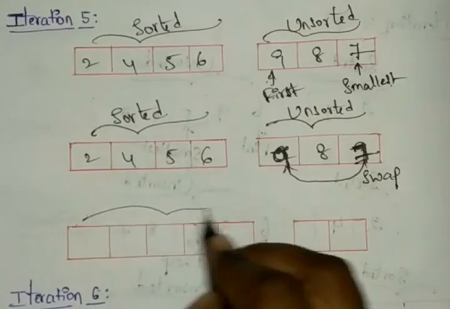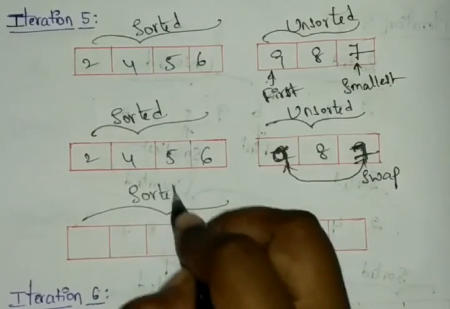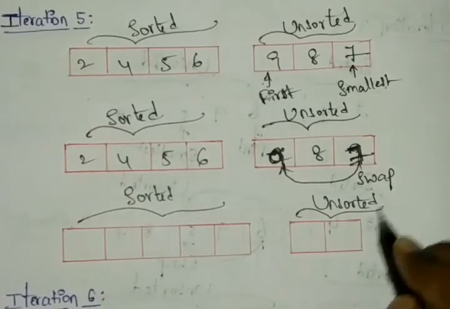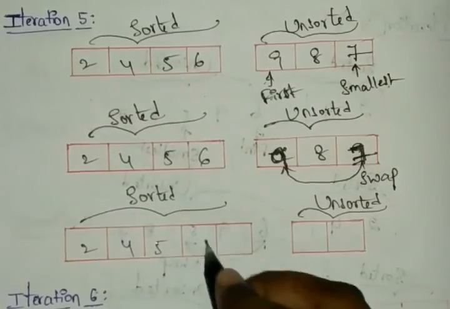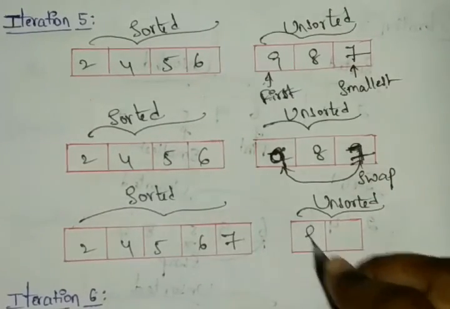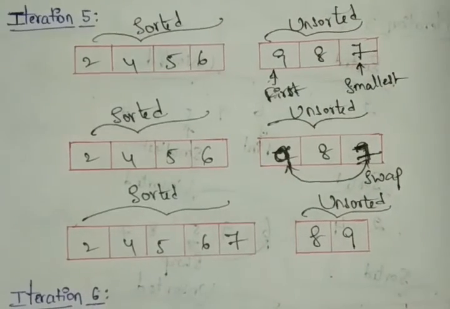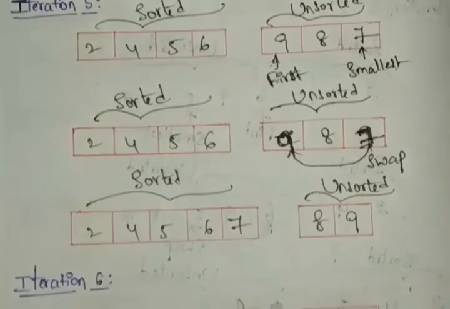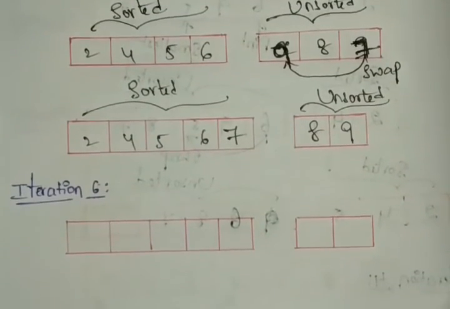So now whatever you have, these are the sorted elements and these are the unsorted elements. So 2, 4, 5, 6 and the sorted element we have at present 7. And next here we have the 8 and the 9. So 9 is coming to the 7th position if you are swapping that one. And next pass iteration 6.